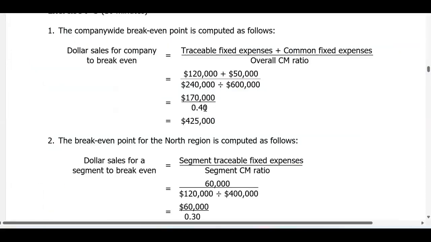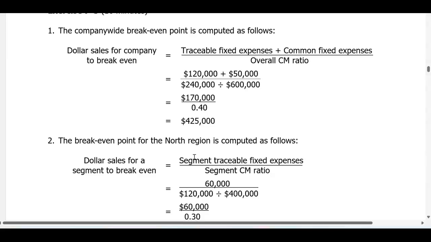That gives you 40% overall contribution margin. So 170 divided by 40% contribution margin gives us $425,000 of sales that we need to sell every year just to break even company-wide.